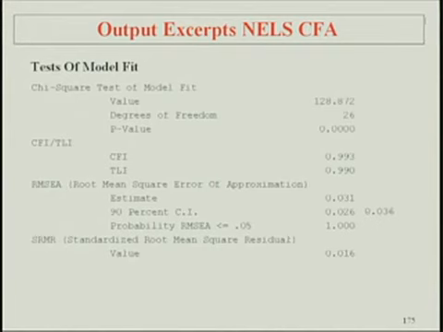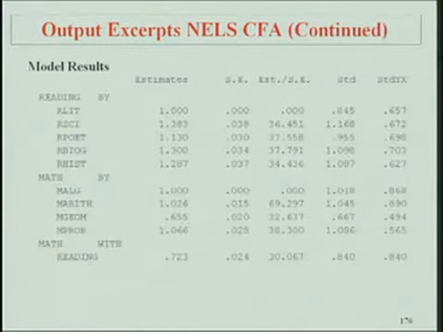Okay. So there's our fit measures. So we're establishing that this fits, and there's really nothing here new for you to look at, but we have our factor indicators are all significant, and we have a significant relationship between math and reading.